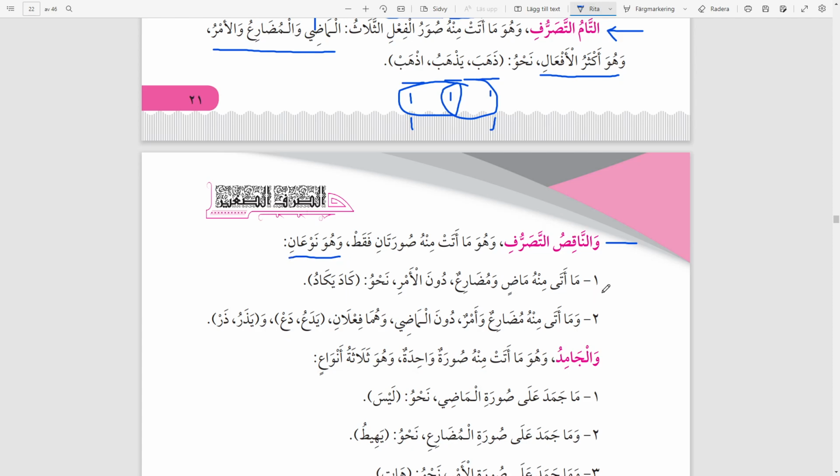The first, ما أتى منه, where the word comes in past and present, but not imperative. Like كاد يكاد. It means it almost does something, like كاد يذهب. He almost went.